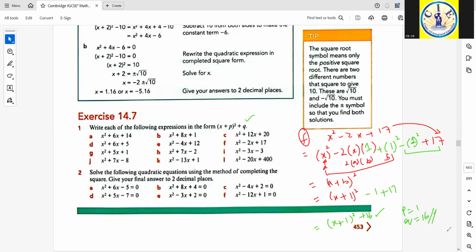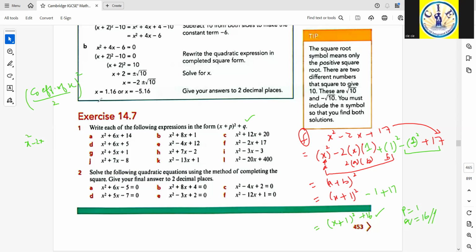And if we solve it or think of it the other way around, that would be x square as it is, negative 2x as it is. So now the coefficient of x, we need to divide it by 2 and then square it.